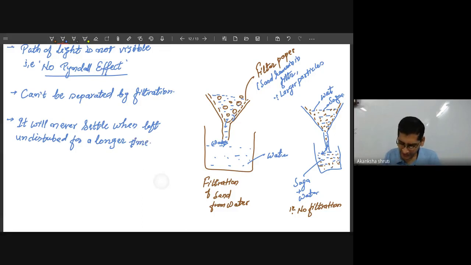Okay, students, so these are a few important properties of a solution that we have to keep in mind.